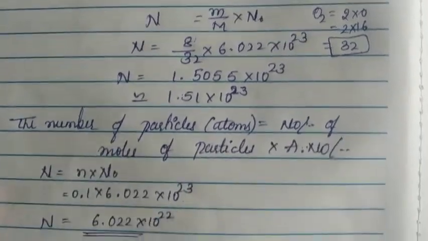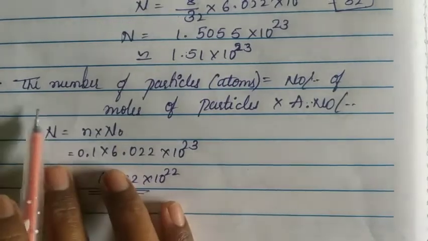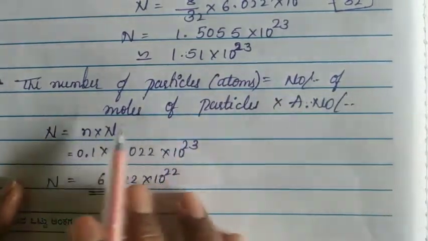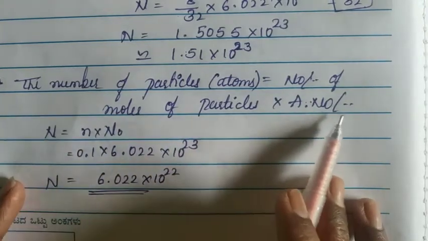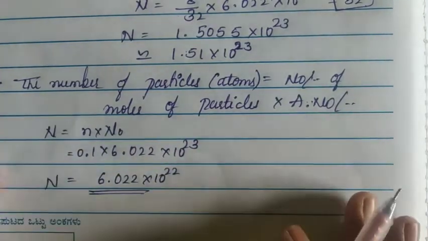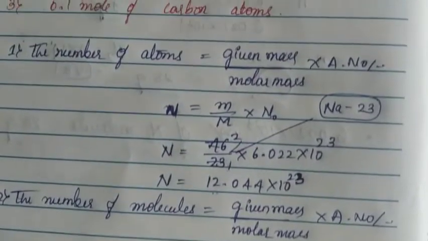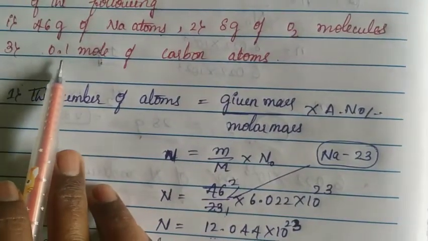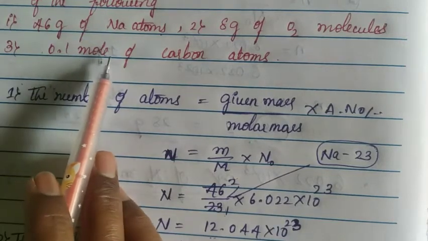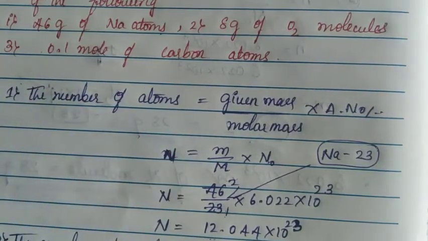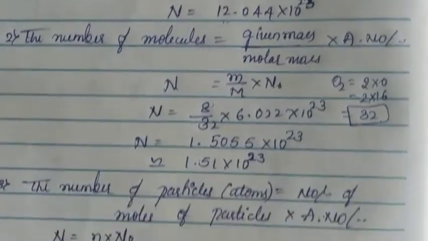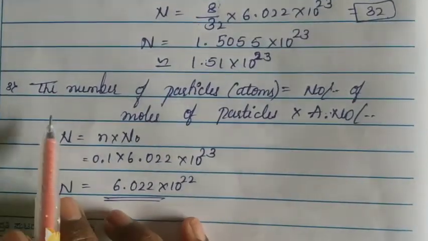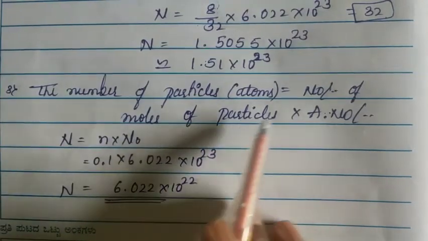Now come to the third one. The number of particles is equal to the number of moles of particles into Avogadro number. See children, in our third question, the given quantity is in terms of moles, 0.1 mole of carbon atoms. Due to that reason, let us calculate the number of particles like this.